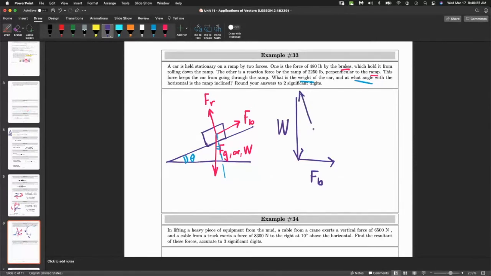And then come back up, and that would be the ramp force, and that's theta. And we know the brake force is 480. So you can use your basic trigonometry to get the weight and to get the angle.